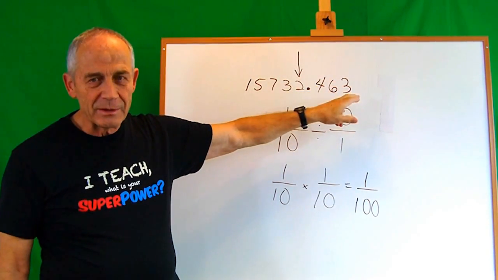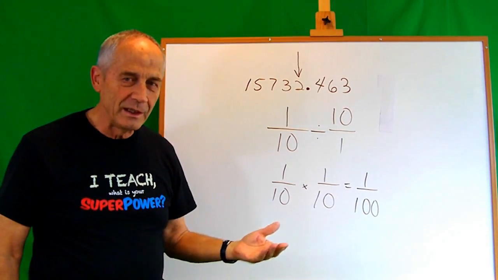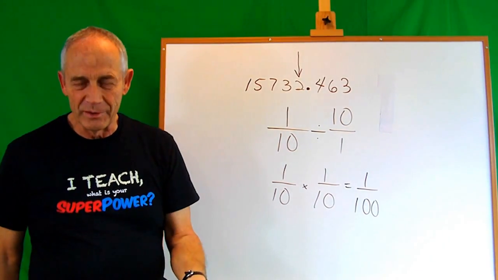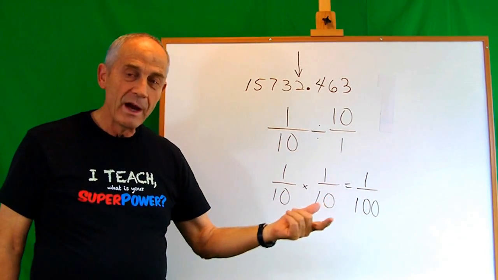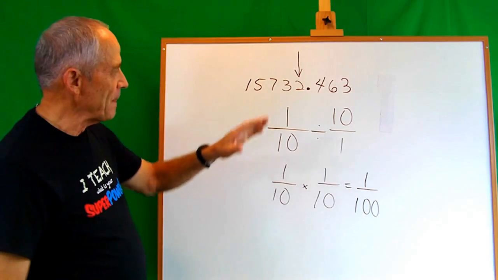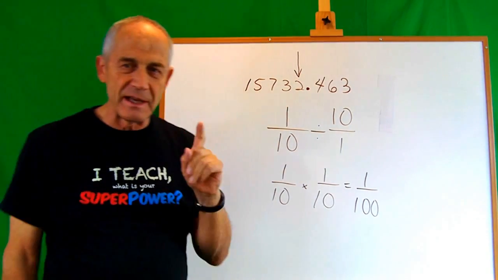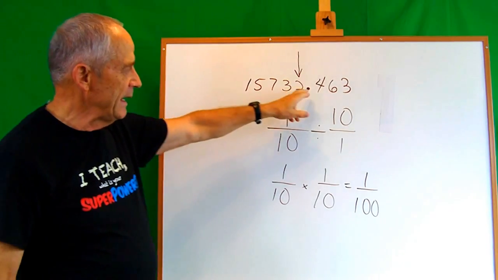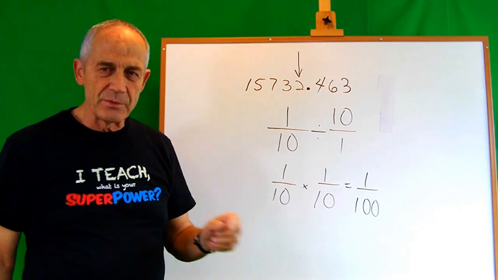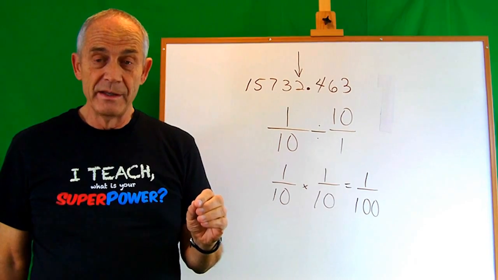What's going to be the next one? 1/1,000. What will be the next one? 1/10,000. 1/100,000. 1/1,000,000. Exactly the same kind of pattern we had going to the left, except now each one of these places represents something that's less than 1.